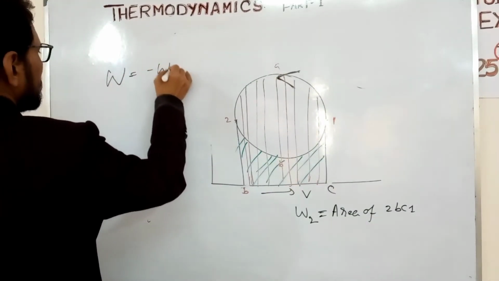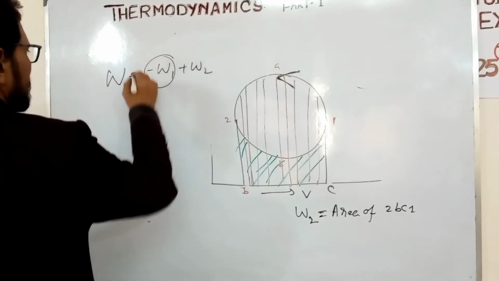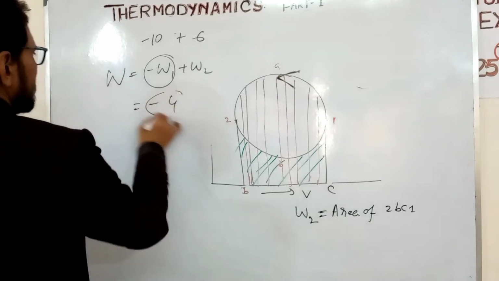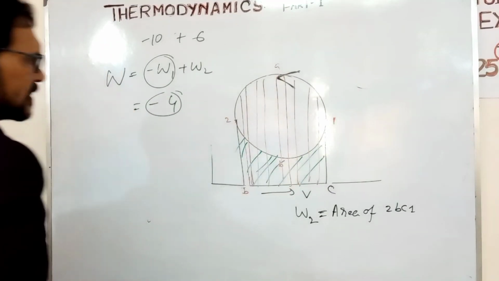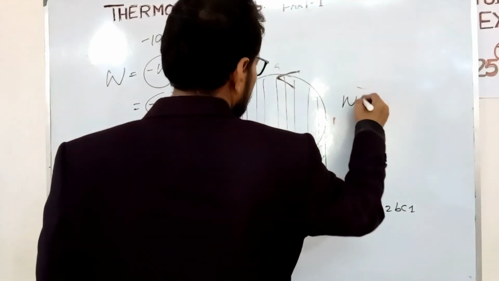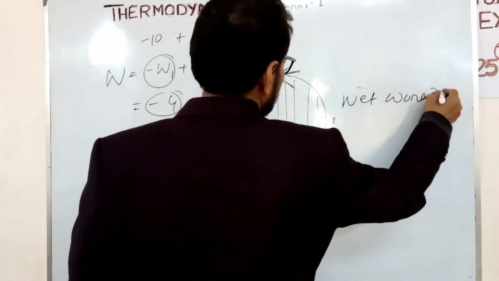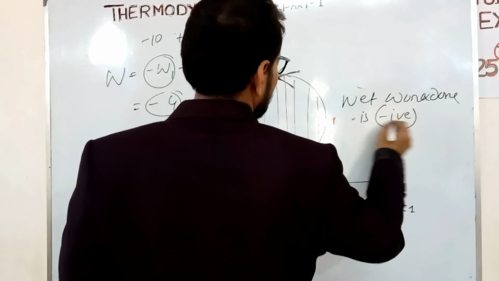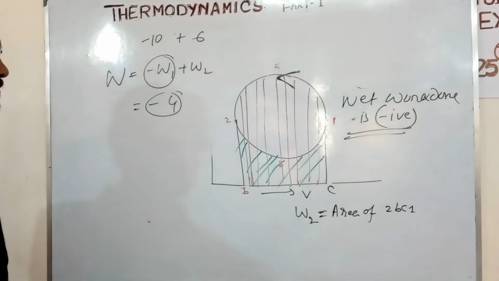W1 is more negative. Suppose this value is minus 10 and this is plus 6, so the net is negative. That is, the net work done for the anticlockwise direction is negative.